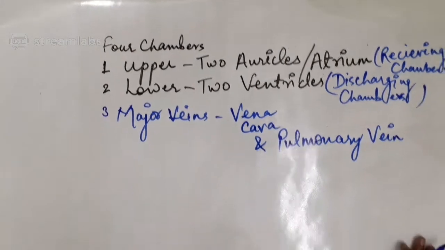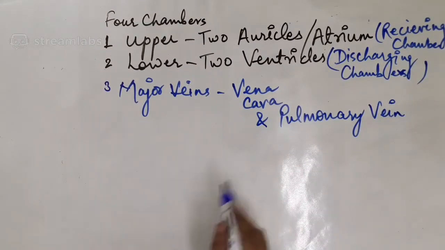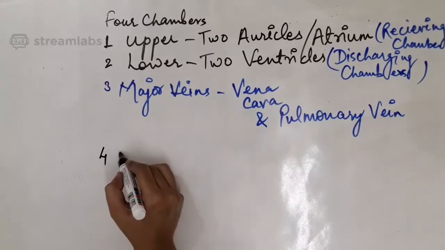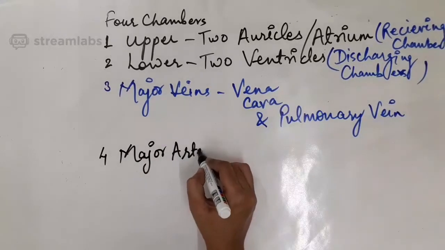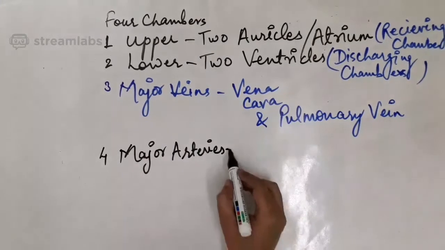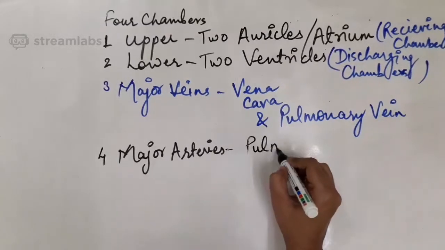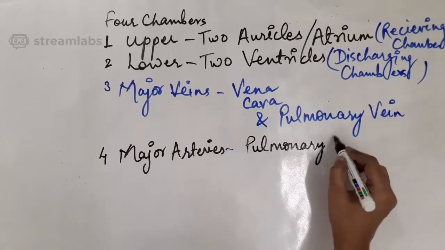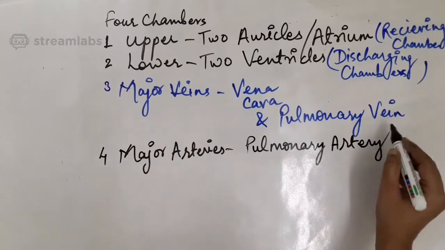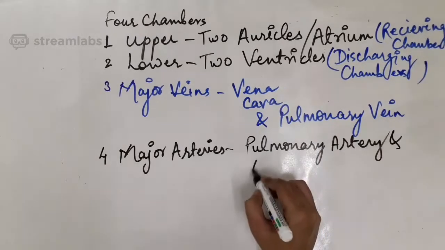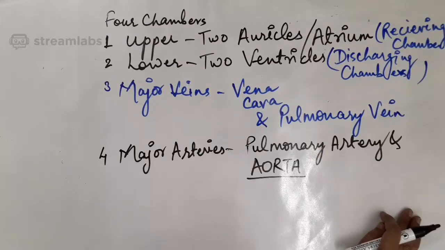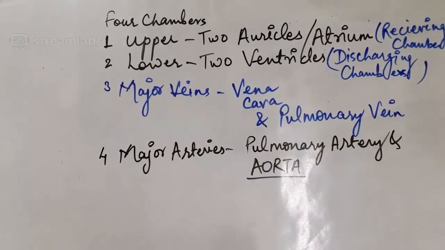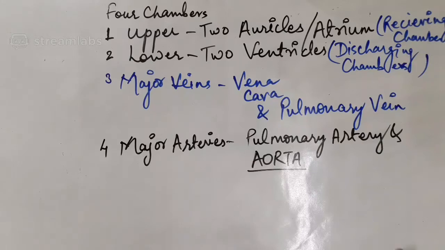Then we discussed about major arteries. These are the pulmonary artery and the largest artery known as aorta. This artery carries the pure blood from the heart to different organs of the body.